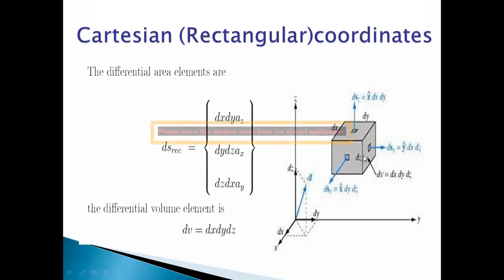So for that purpose, again consider a rectangle where a point P is located. Suppose point P is located somewhere here, at the corner. I'll draw first.